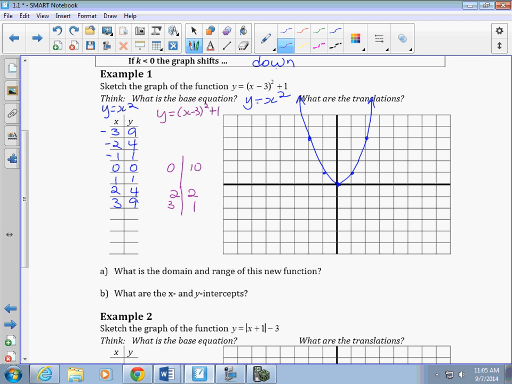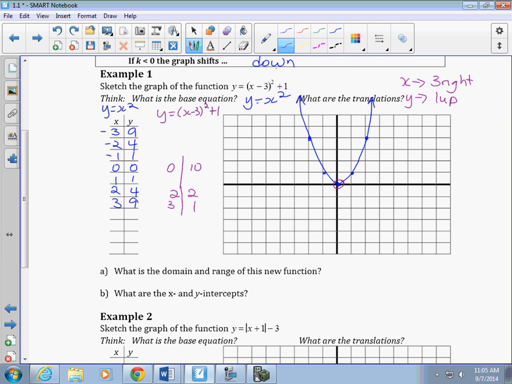But if we think about this as the translations, I have a negative 3 inside there, so then that means my origin needs to shift over 3 to the right. So I need to move my x 3 right, and my y, because it's a plus 1, needs to go 1 up.